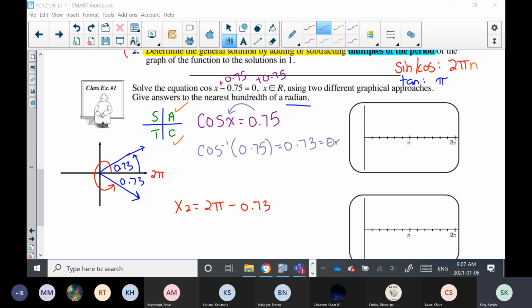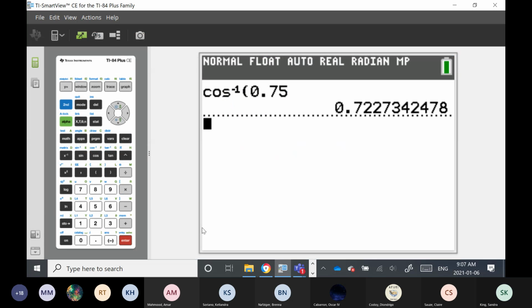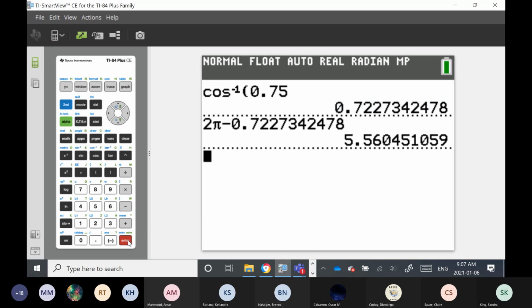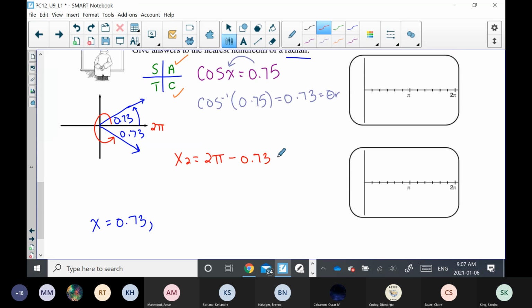So to get our second answer, 2 pi minus the reference angle is 5.56. So that's my second answer. Those are my two solutions.